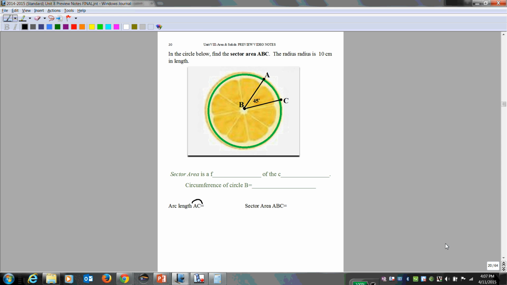Now we're going to do the same thing in the circle below. We're going to find the sector area. Sector area means the actual area. Again, the radius is 10 centimeters. A sector area is simply a fraction of the circle area.